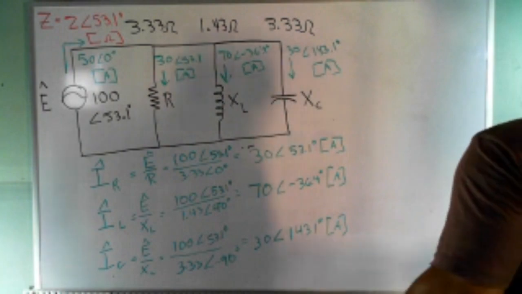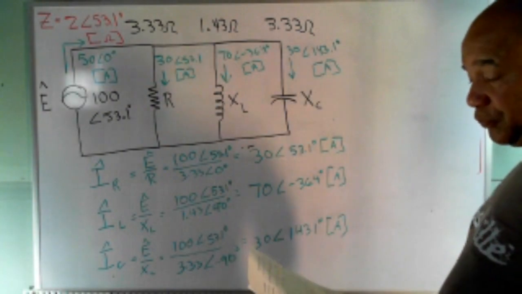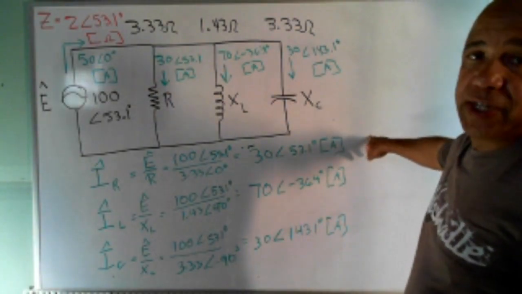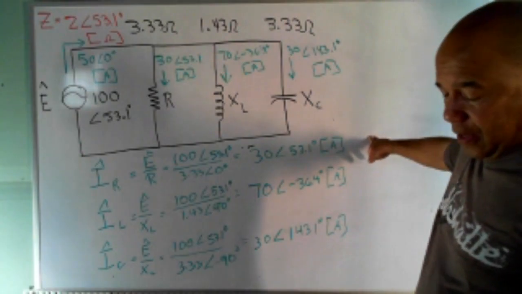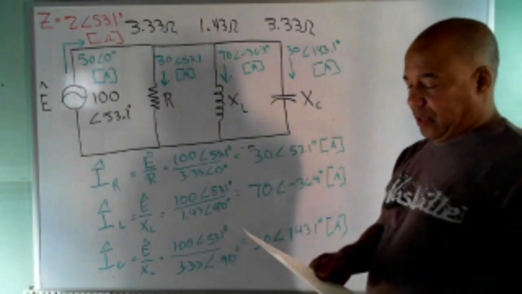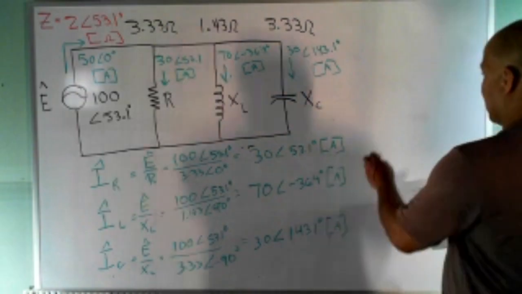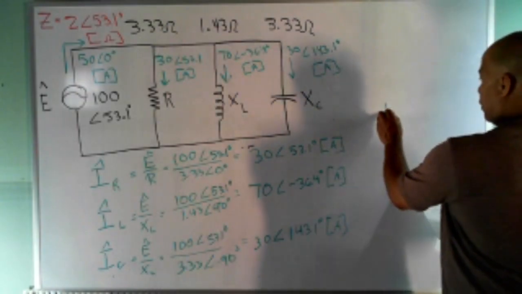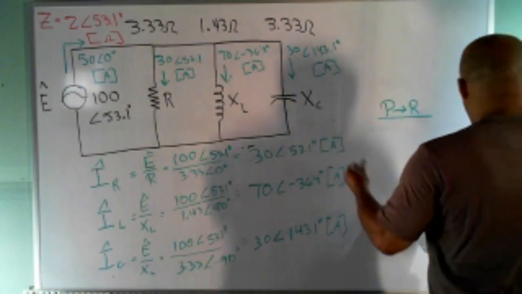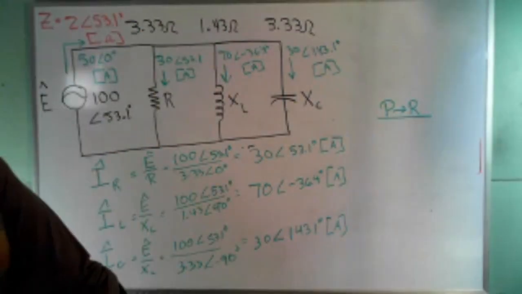Now he wants us to show these in both polar and rectangular form. I don't think I converted these over. Well, actually I did, but I guess we can go ahead and do it. You can convert them over. Check me on my math to make sure I did it right. When I convert this, this will be my polar to rectangular. Let me change the color of the marker so it's easier for you to see.